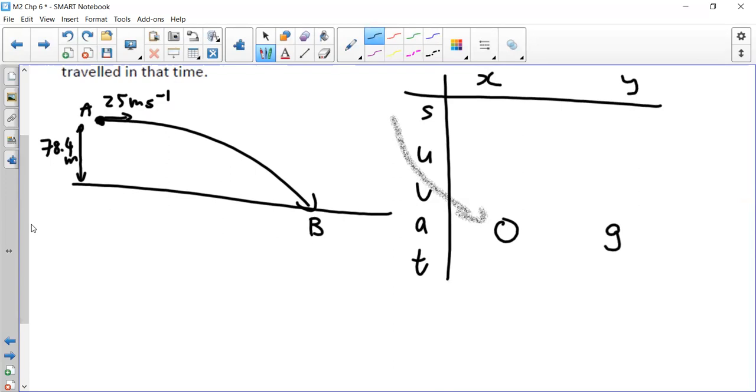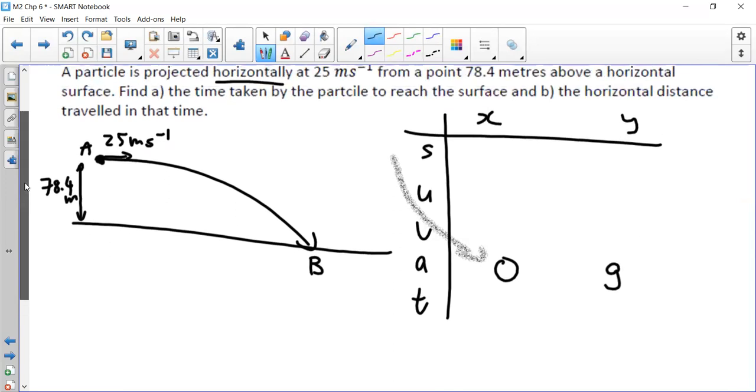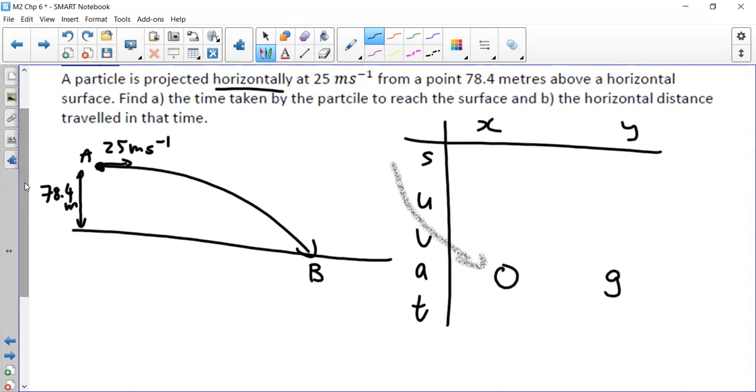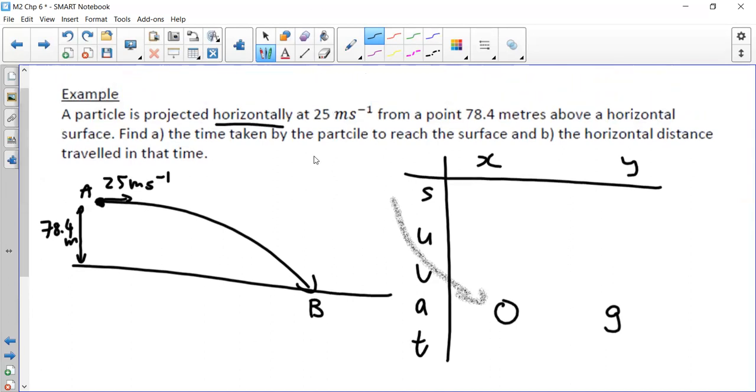Next, what can we do in here? Let's put in the numbers given by the question. Now, 25 meters per second is the initial velocity. X means left and right, y means up and down. So this 25 meters per second is left and right, so it's x.